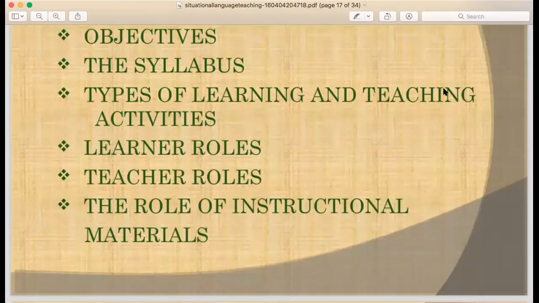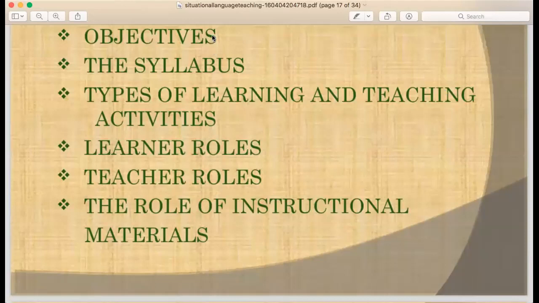An approach basically has two kinds of theories. One is the theory of language, and the other is the theory of learning. And in every method, we try to find out the approach through these theories. I hope I've answered your question. Both the approaches, you mean? Okay, you got it. Right.